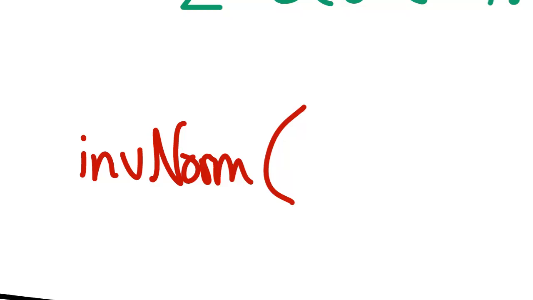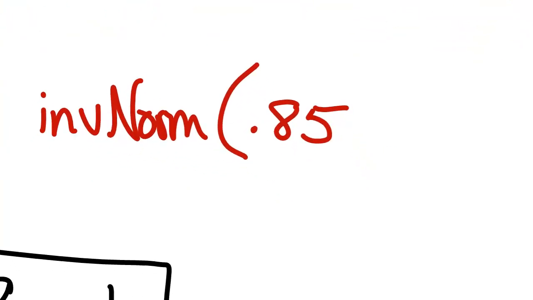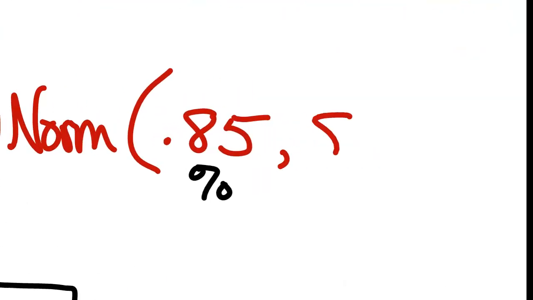I'd want the area that I'm looking for. What was the area that we wanted? We wanted the top 15%, which means I need 0.85, 85th percentile. So 0.85. I'm going to label that as my percent. Then you need a comma. And then it's mean and standard deviation again.